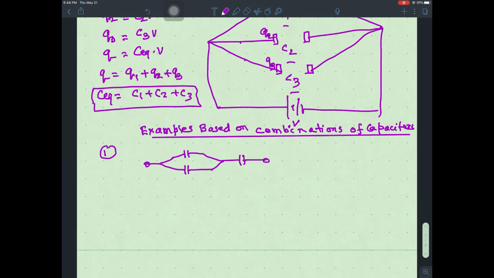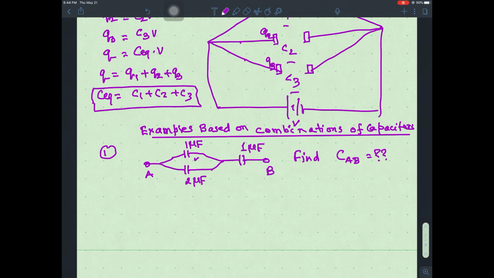Here is point A, here is point B, here is 1 microfarad, this is your 2 microfarad, and this is your 1 microfarad. Find the equivalent capacitance between A and B, CAB. This is our question of discussion.